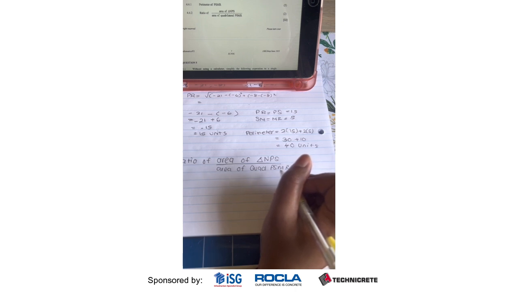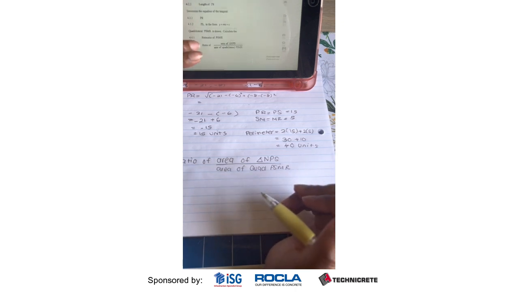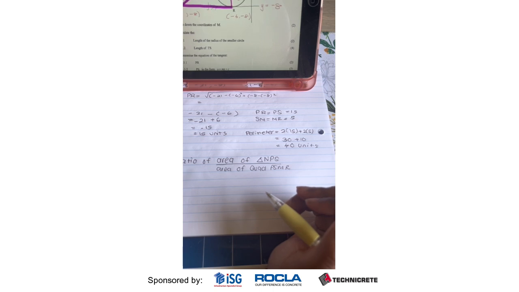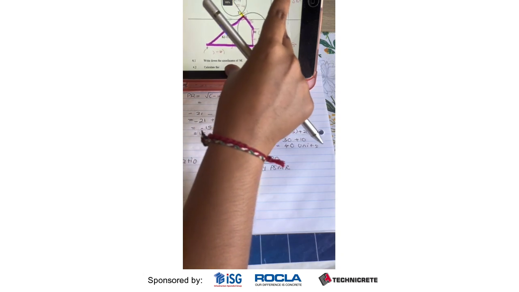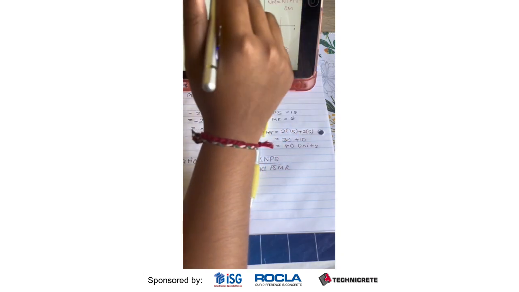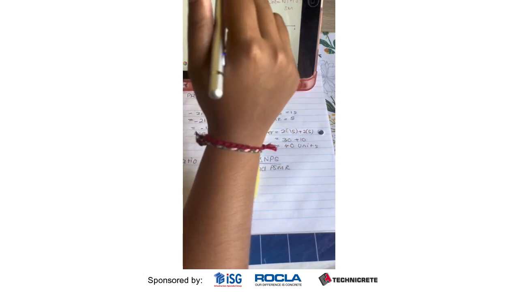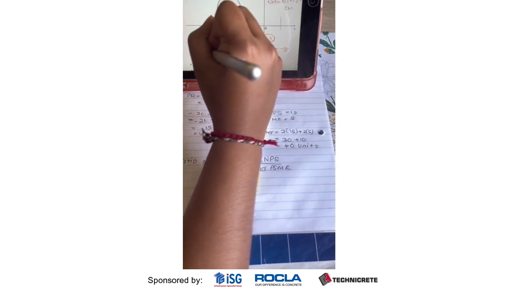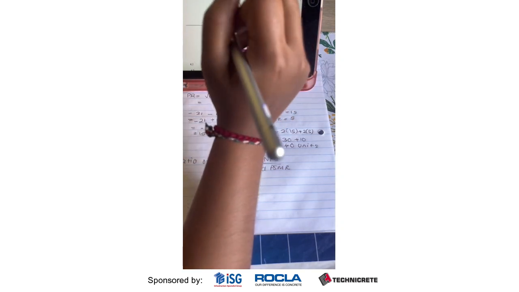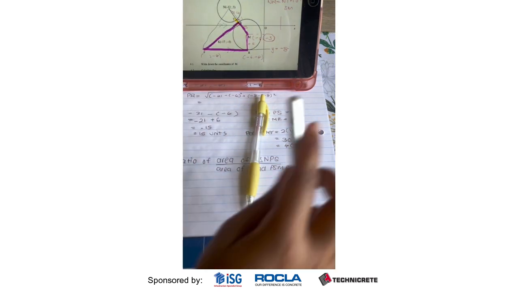So let's go down and let's see what we can do. So NPS, where's NPS? Here it is, NPS. Area of NPS. So that's the triangle that they're talking about.